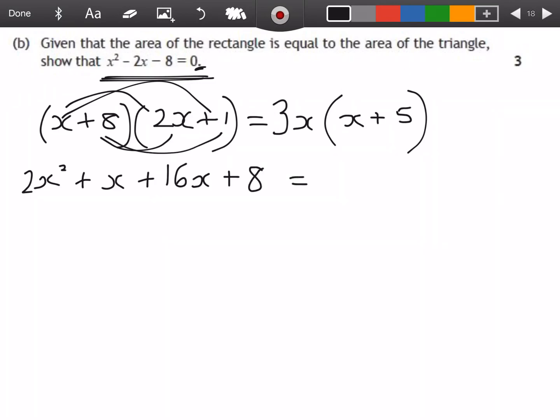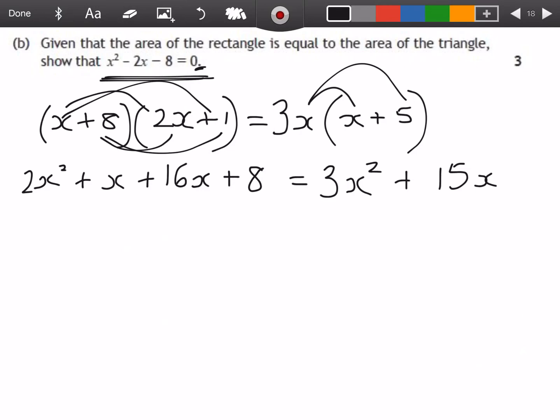So that's been multiplied out, the area of the rectangle formula. I'm going to multiply out this one as well. 3x times x, 3x squared, 3x times 5, plus 15x. Okay, let's tidy things up a wee bit. It doesn't look anywhere near that, but we've got some x squareds and x's, so we'll tidy it up a wee bit.